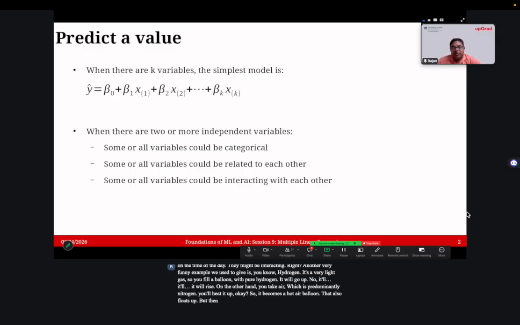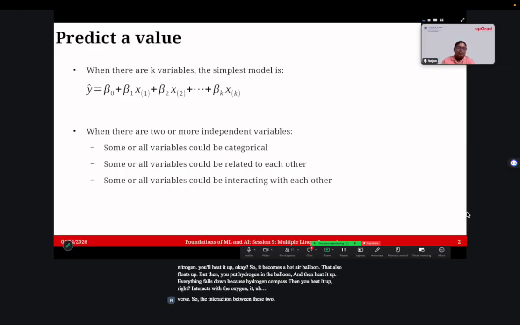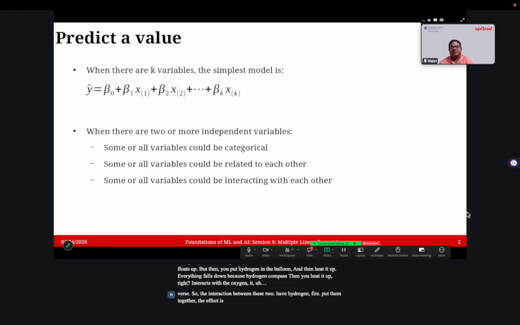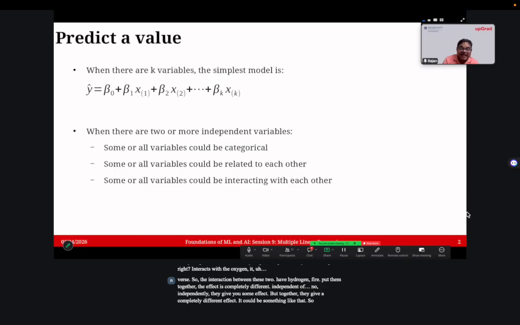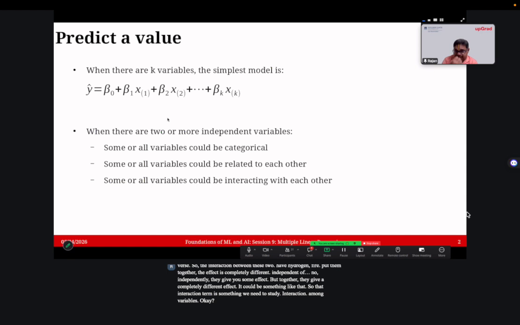But then you put hydrogen in the balloon and then heat it up, everything falls down because hydrogen combusts when you heat it up, right? It interacts with the oxygen, it bursts. So the interaction between these two, hydrogen, fire. Put them together, the effect is completely different. Independently they give some effect, but together they give a completely different effect. It could be something like that. So that interaction term is something we need to study. Interaction among variables. Okay, that's something we might have to study, right?